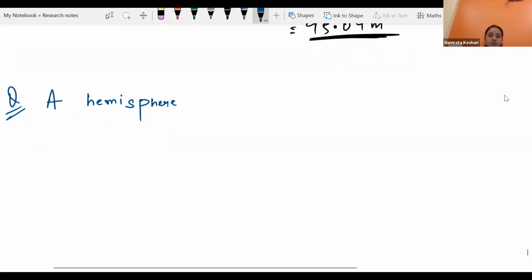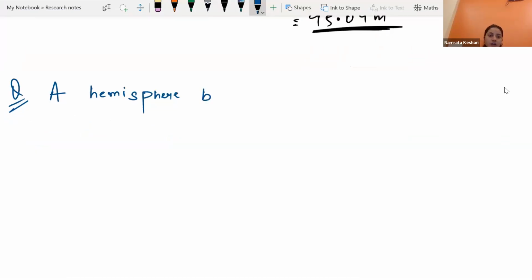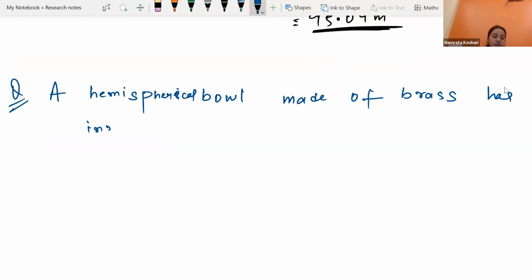So the question is: a hemispherical bowl made of brass has inner diameter 10.5 centimeter.